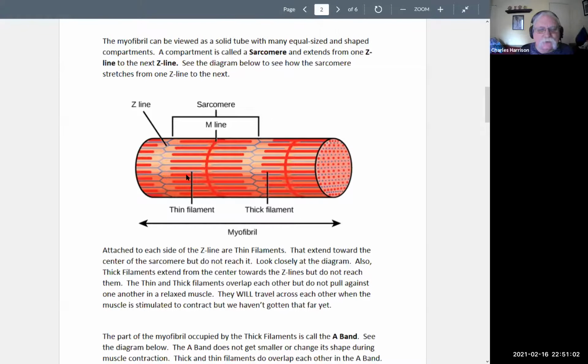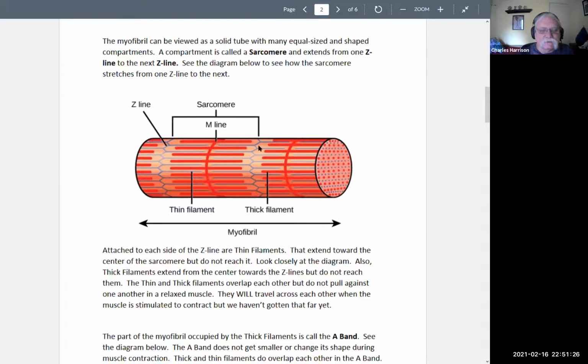The myofibril is broken into compartments. Here's where the break occurs at the zigzag line here. This is called the Z line. Think of zigzag. The book won't tell you to do this. And a Z line.